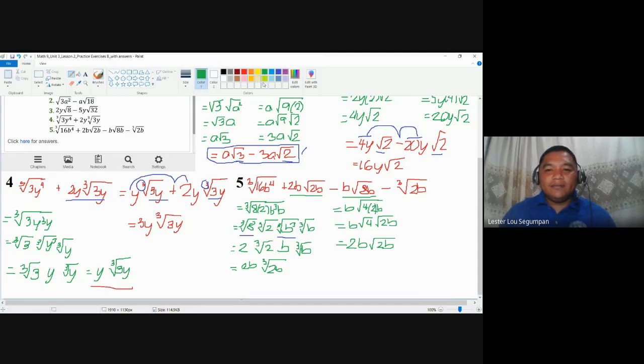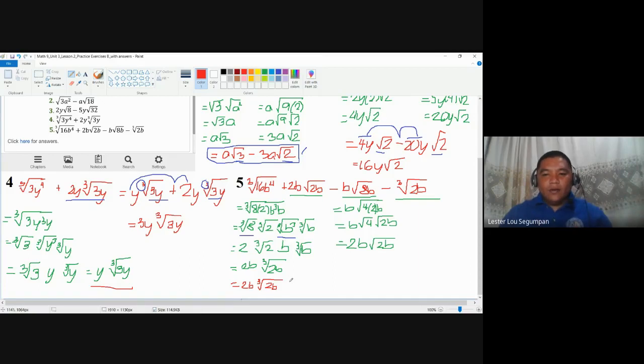The last term is already a simplified form as far as the cube root is concerned because 2 and b are both not perfect cube numbers. So let's combine them into one. So we will use this 2b cube root of 2b, okay?